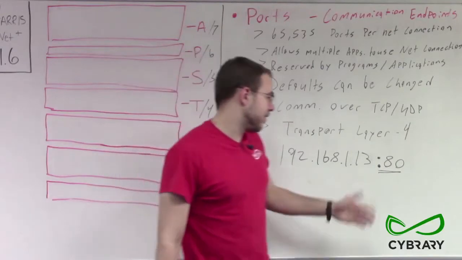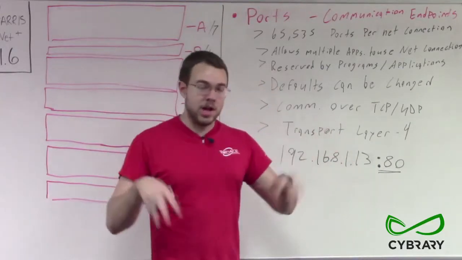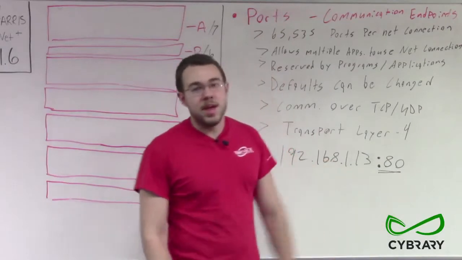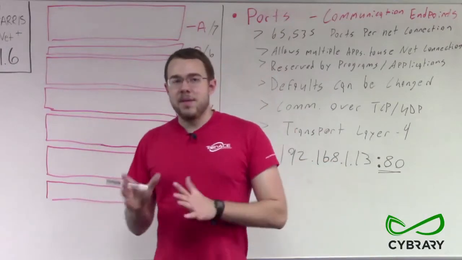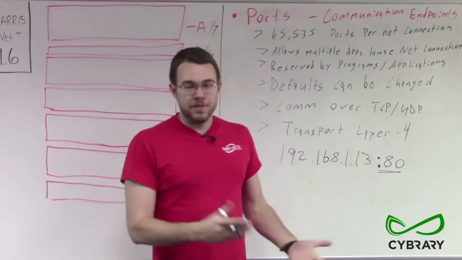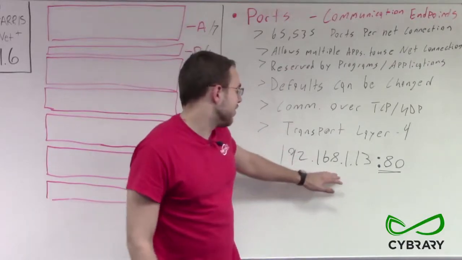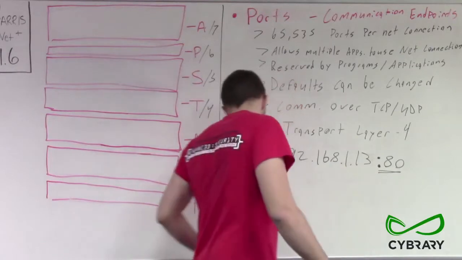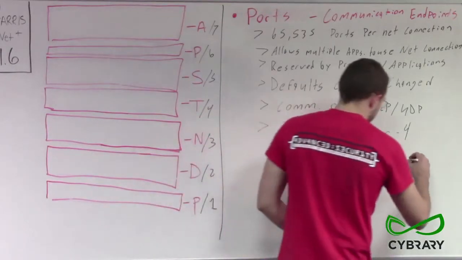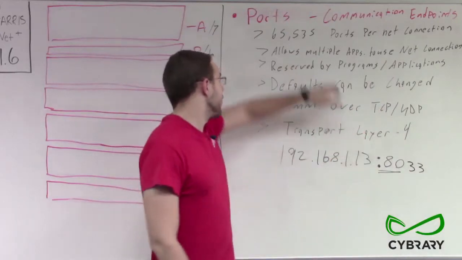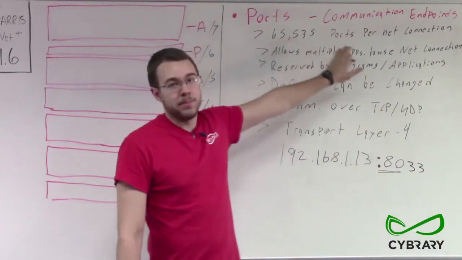Well, for security reasons, for security by obscurity, they may have changed that default port and said, okay, this IP camera's web interface is only able to be reached on 192.168.1.13 port 8033. So that's within our 65,000 port number range.